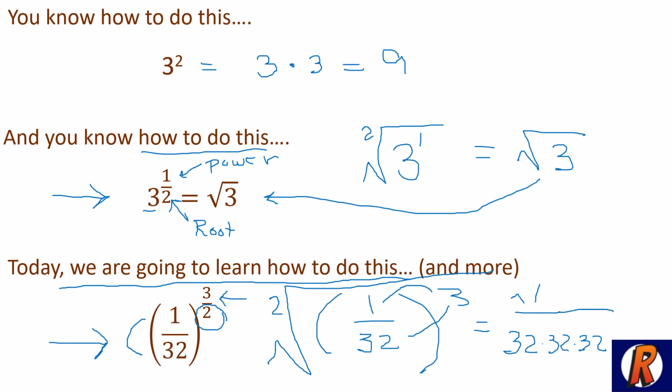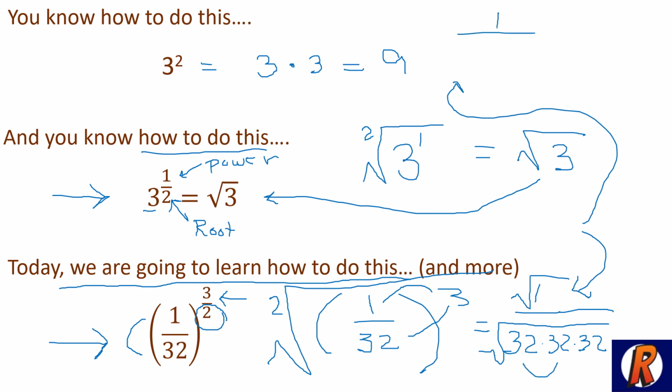Now that's all under a square root, so I can pull that square root into the denominator and the numerator, and then simplify these individually. So the square root of 1, I'm going to move up here to the top where I have more room. Square root of 1 is 1, and the square root of 32 cubed. Now I can take out a pair of 32s, but we have one that stays under the radical.